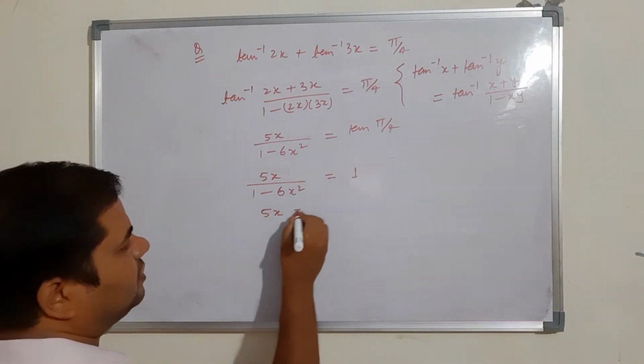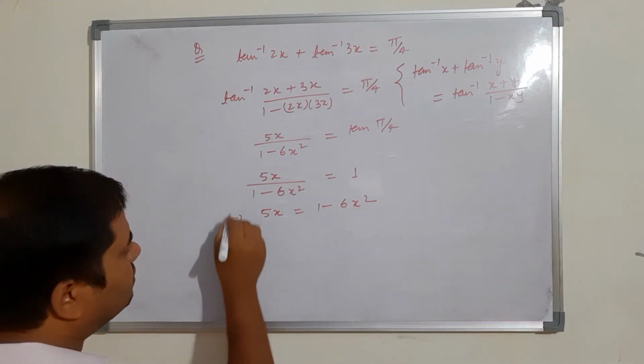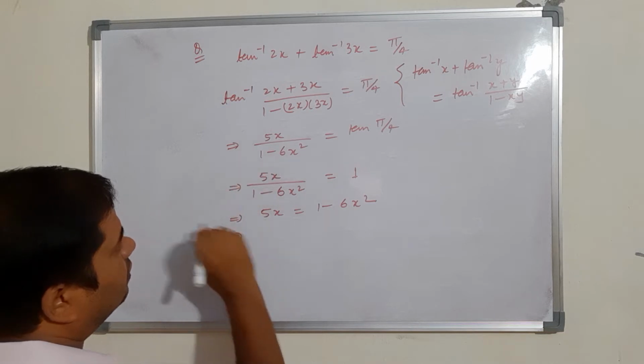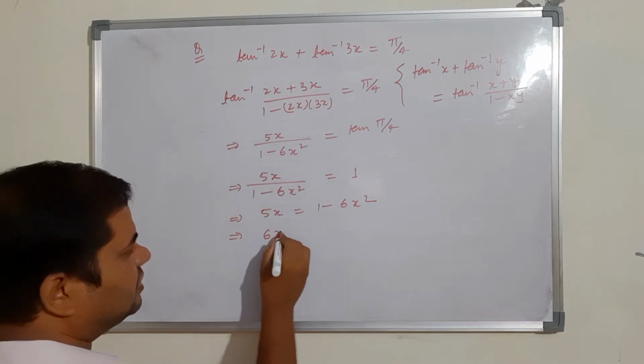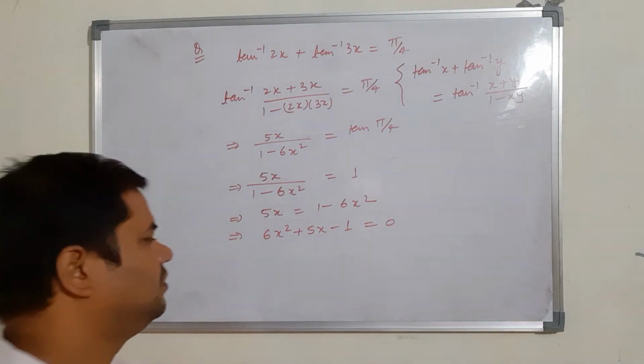So 5x is equal to 1 minus 6x square, and this becomes 6x square plus 5x minus 1 is equal to 0.